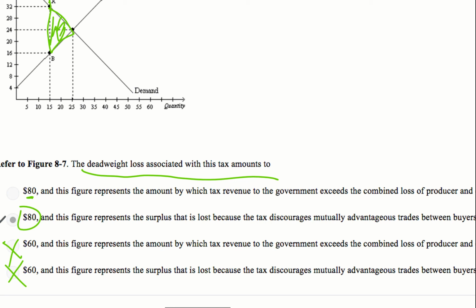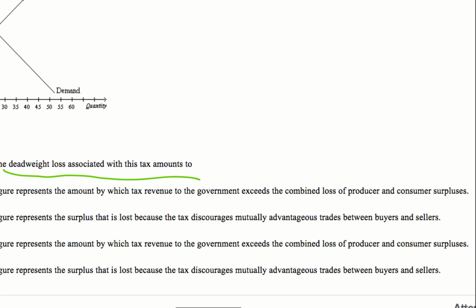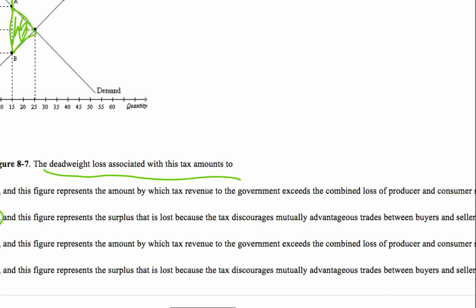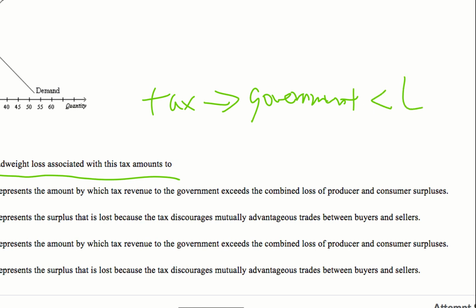So this part is good, and this figure represents the amount by which tax revenue to the government exceeds the combined losses of consumer surplus and producer surplus. So this statement is false because when you have a deadweight loss, the tax revenue to the government will be less than the loss of consumer surplus and the producer surplus.